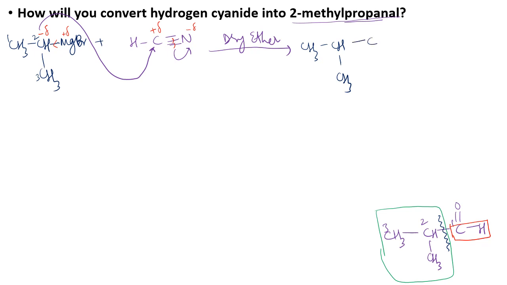So we will write carbon, which has one hydrogen, and now in place of the triple bond we will have a double bond, N MgBr.